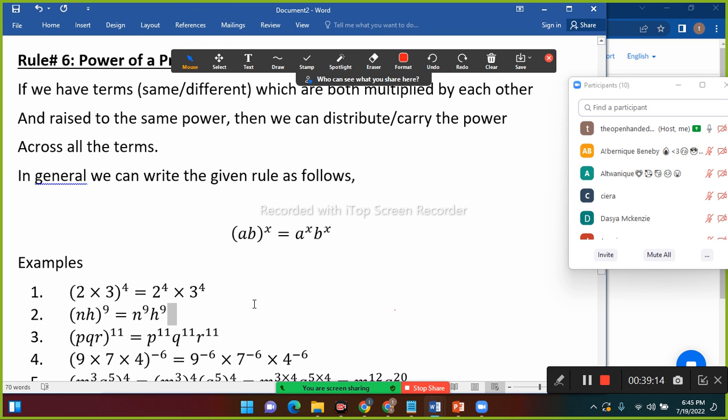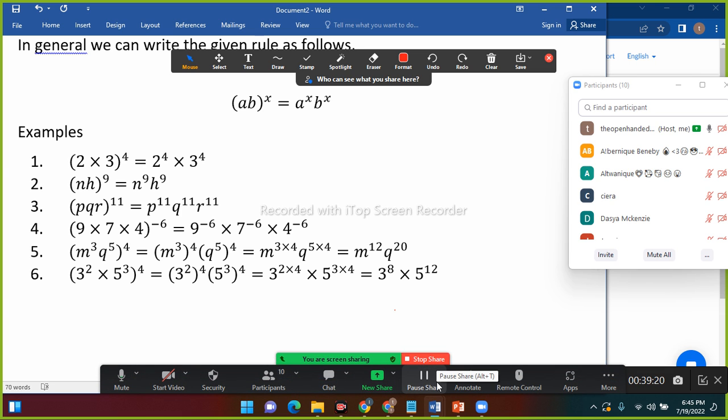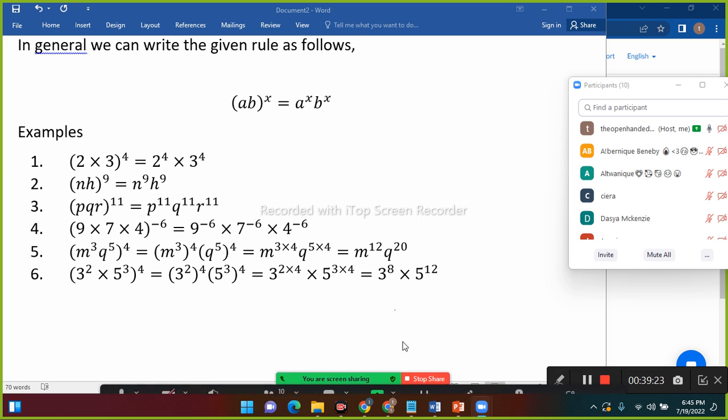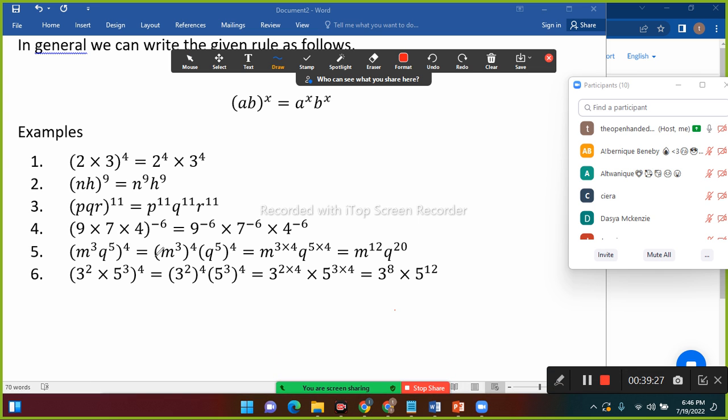We have the 4, and we're going to apply it to the 3 squared, and we're going to apply it to the 5 cubed. And so that's why we have 3 squared to the 4th power and 5 cubed to the 4th power.